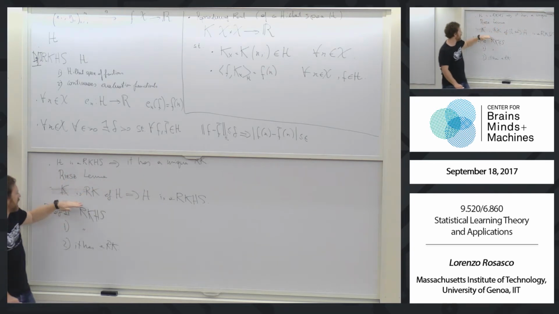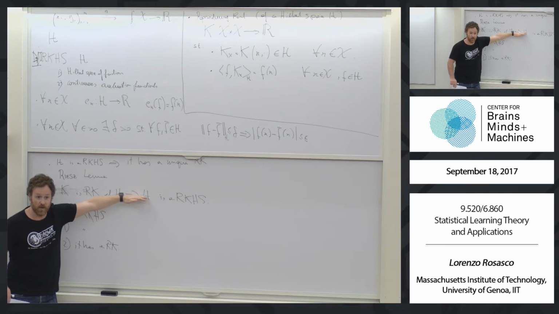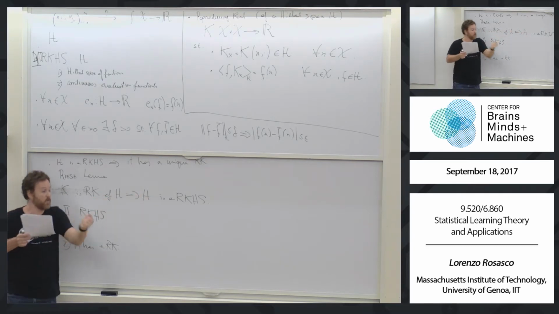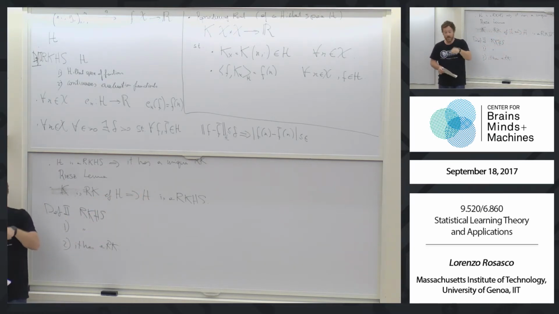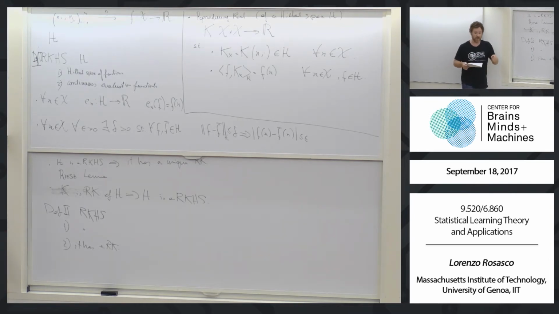Here I assume that I have no RKHS, but I have a reproducing kernel, and then I find out that I have one. So you always have to remember what you have and what you don't have. Today, we're going to see that there are tons of implications of different objects and things that are equivalent, so we often have to make a bit of an imagination effort to remember what we are assuming and what we're trying to do, because we're going to have 15 things that are all equivalent to each other.